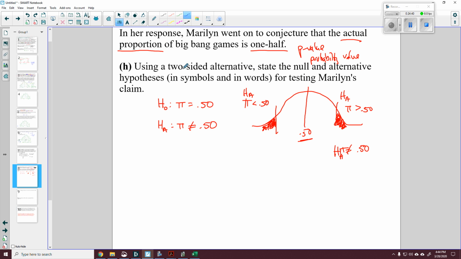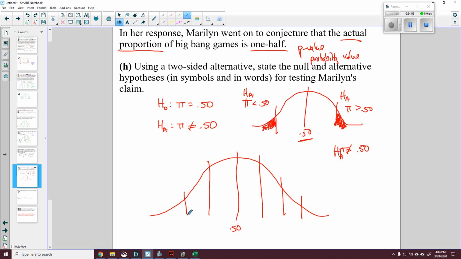So I'm going to draw the normal model for Marilyn's hypothesis. And so in the middle here, she has 0.50, and I want 1, 2, 3 standard deviations on either side. So here's 0, 1, 2, 3, -1, -2, -3. And I have to recalculate the standard deviation because now I'm using Marilyn's null hypothesis instead of Grandpa's.